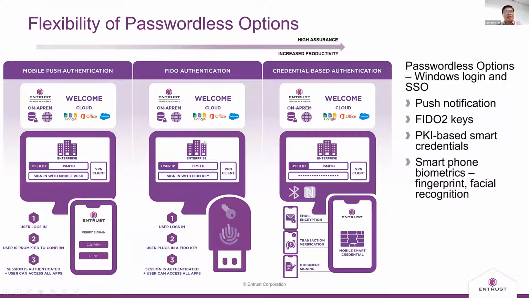Another authentication method is FIDO authentication, where the user needs to have a FIDO device, a FIDO key, for example a USB key. So you need to hold this key that contains the credential. Once it prompts for the second factor, the whole IAM solution will look for this token you have to authenticate the user. The third method is credential-based authentication, where the mobile serves as a virtual smart card.